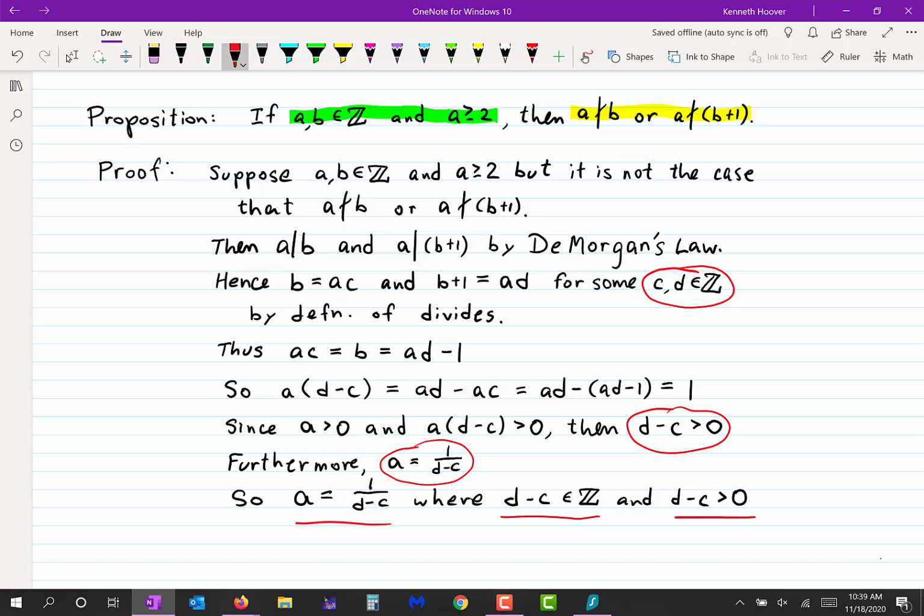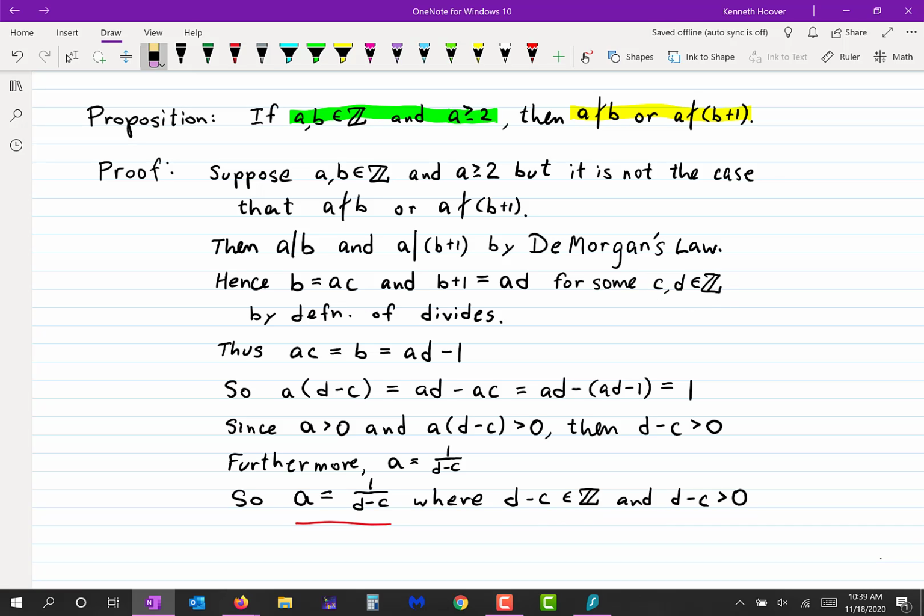So d minus c is an integer. So 3 things from various points along the way, and I want to now tie those all together. I'm just pointing them out together in one location. Okay?